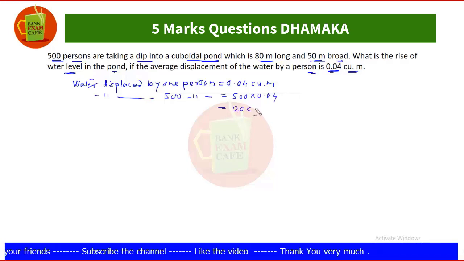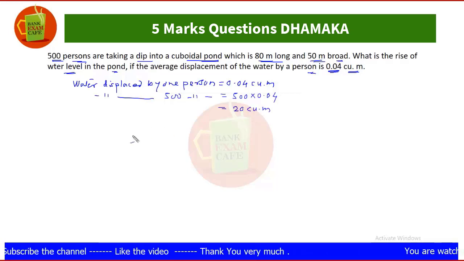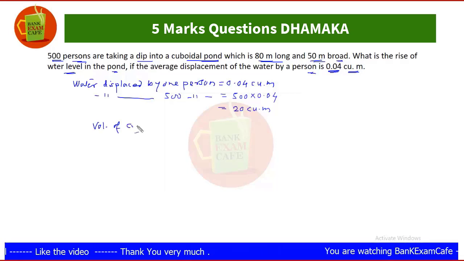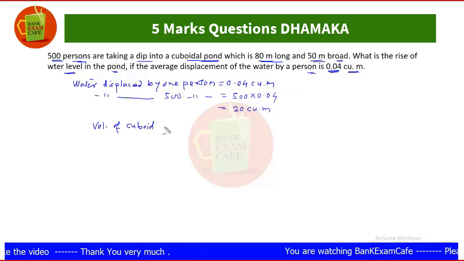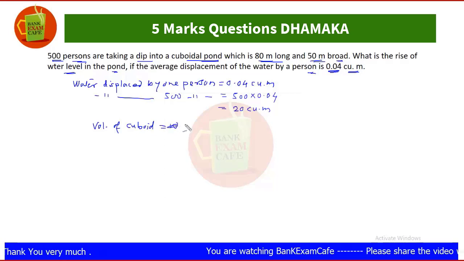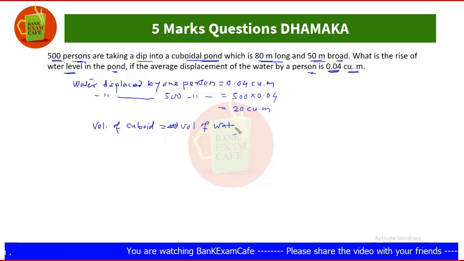So the total water displaced will be 20 cubic meter, and we have the volume of cuboid equal to the volume of water displaced.